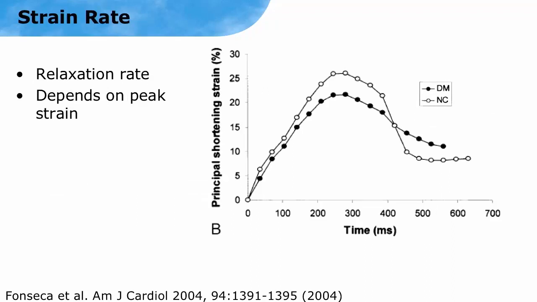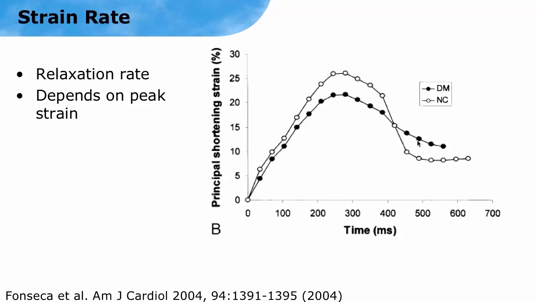If you're looking through time, you can track strain and strain rate, and often it's the strain rate which will give you information. For instance, with a series of patients with type 2 diabetes versus a series of patients with healthy controls, you will see a slight difference in peak strain, but you'll see a much bigger difference in the relaxation rate of strain.